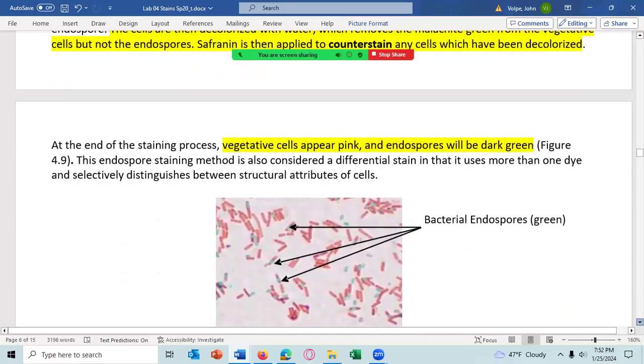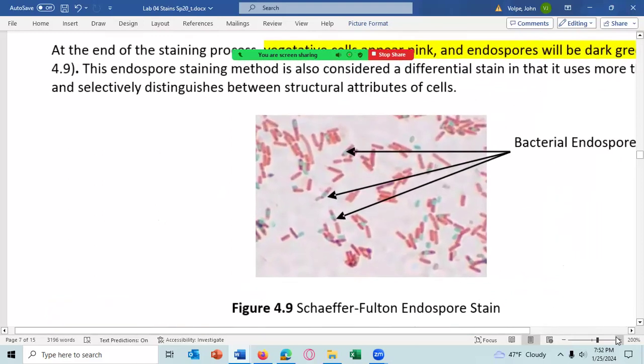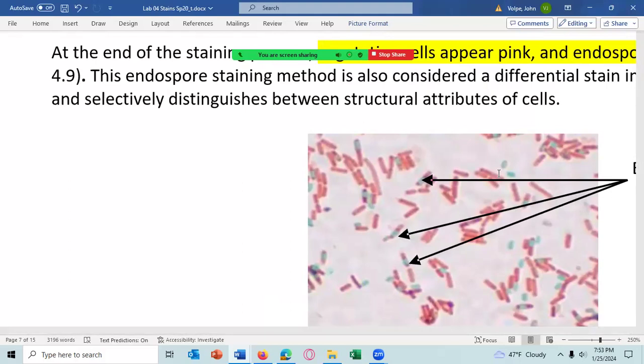Here we have a picture of the endospore stain. Let me blow it up. And you can see two endospores right here. They are free and outside of their parent cell. And usually what happens is the parent cell simply dies, and then that releases the endospores.